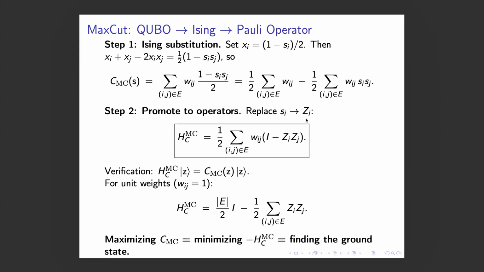So you want to implement this on a quantum computer, which means that we want to translate this into specific gates. And then what you will find is that optimizing this one means the same as minimizing the minus H, which is then the same as finding the ground state of this problem.